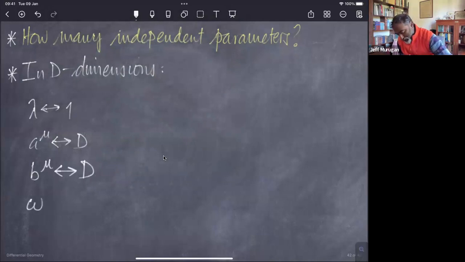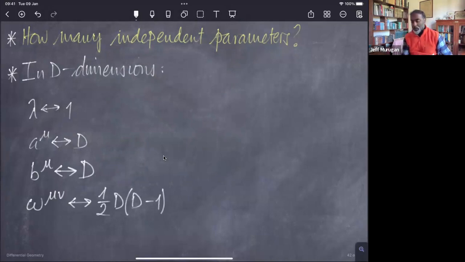And then finally, I have this antisymmetric ω^μν, which is a d by d antisymmetric matrix. And so it has a half d times (d minus 1) independent entries. And we can go ahead and count how many in total.